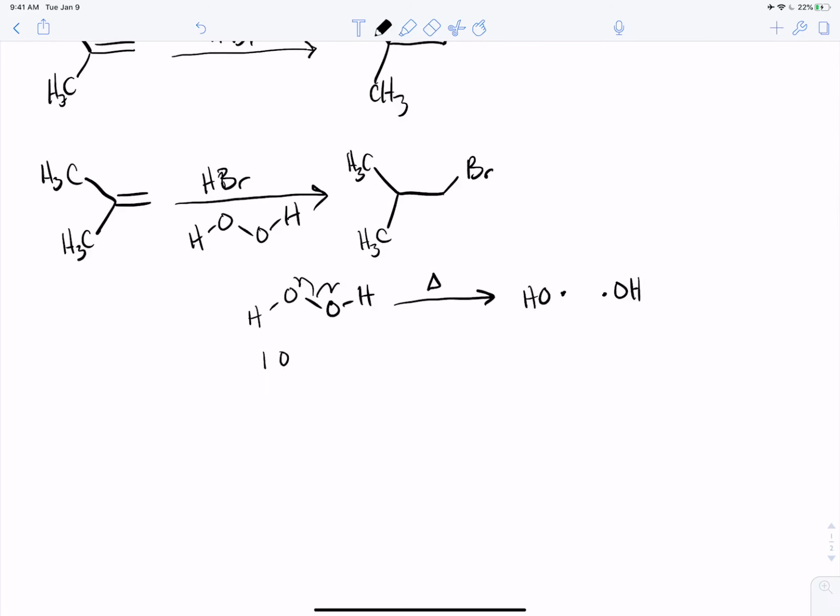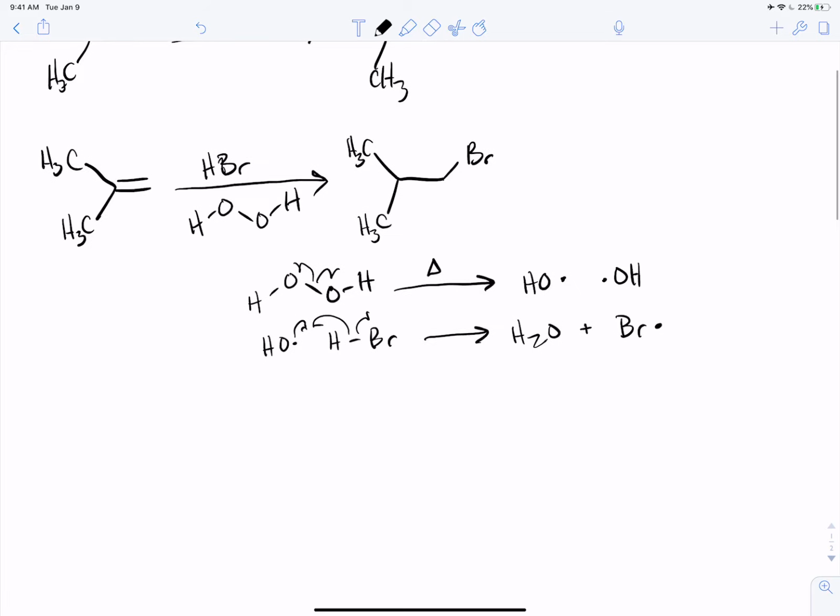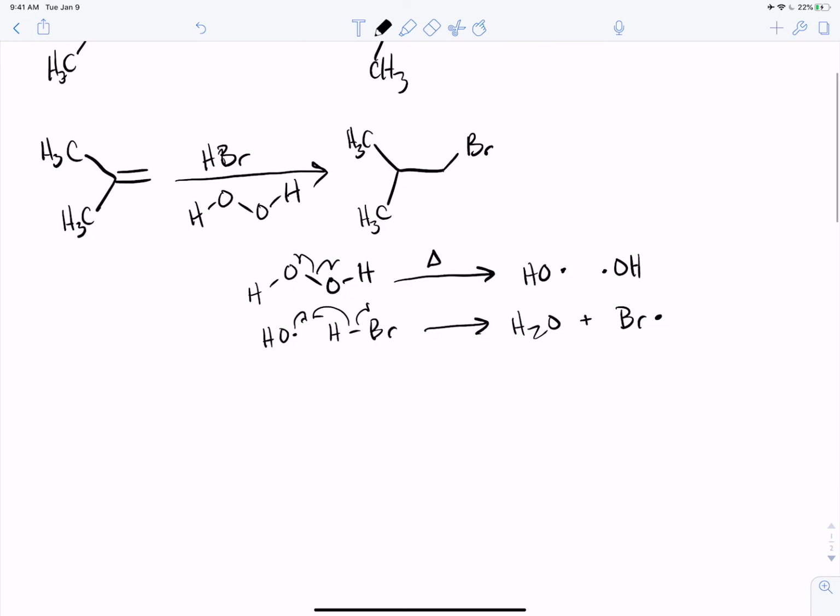Then the next step is that this reacts with the HBr. What I get out of this is, in this case, water, but also Br dot, this highly reactive bromine species. So in this particular case, we have two parts to the initiation.